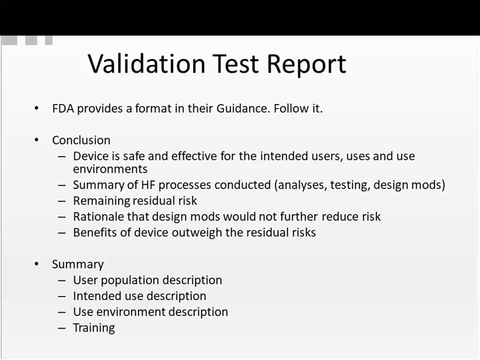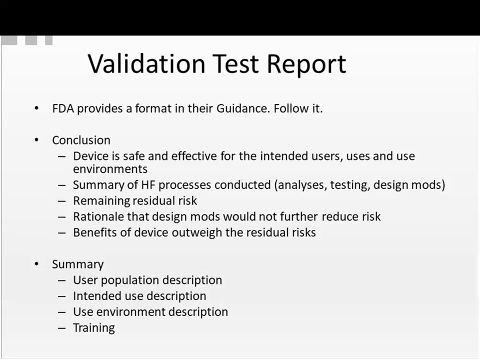First, the conclusion section. As we said, you're concluding the device is safe and effective for the intended users, uses, and use environments. In the conclusion section, you're going to summarize the processes that you conducted, the analyses, the testing, any design mods you did.